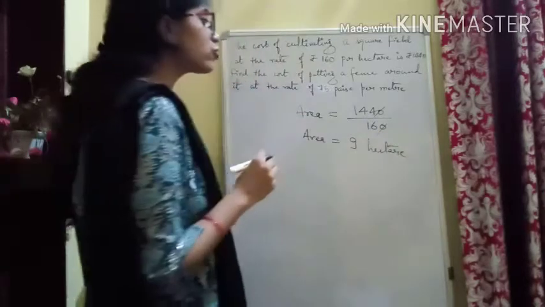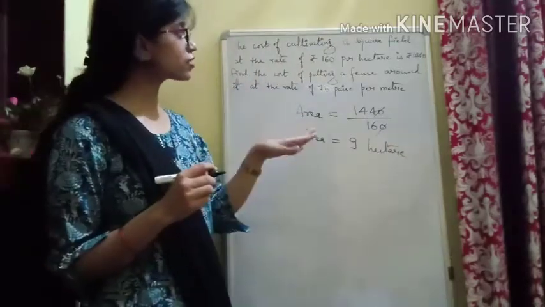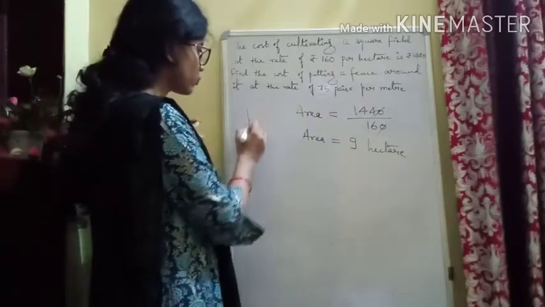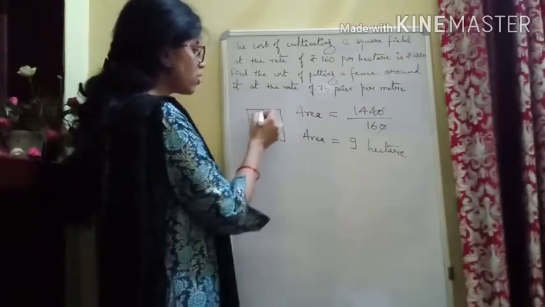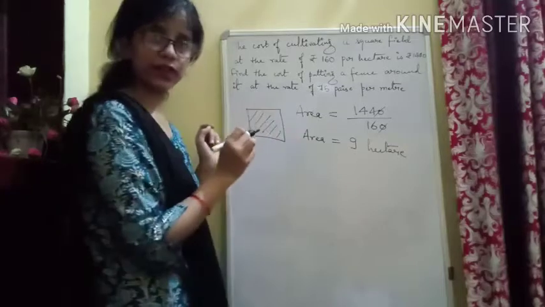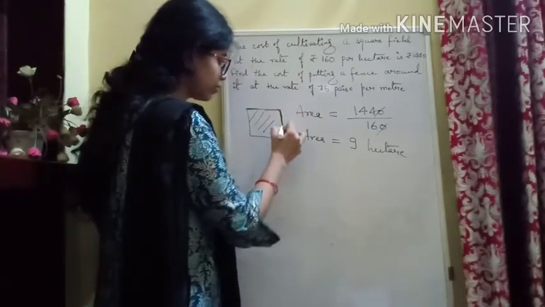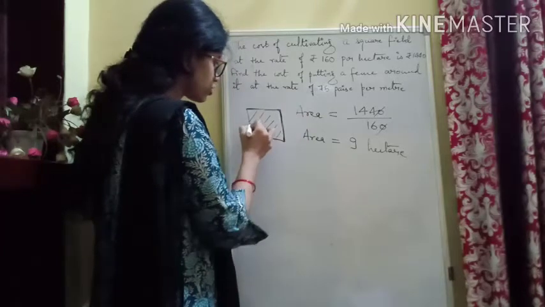Okay, and now since we know how to convert, next we have to find the cost of putting a fence on the square field which we are talking about. Now we have calculated the area of the square field. We want to fence it. Fence it means we have to put the fences across the boundaries.